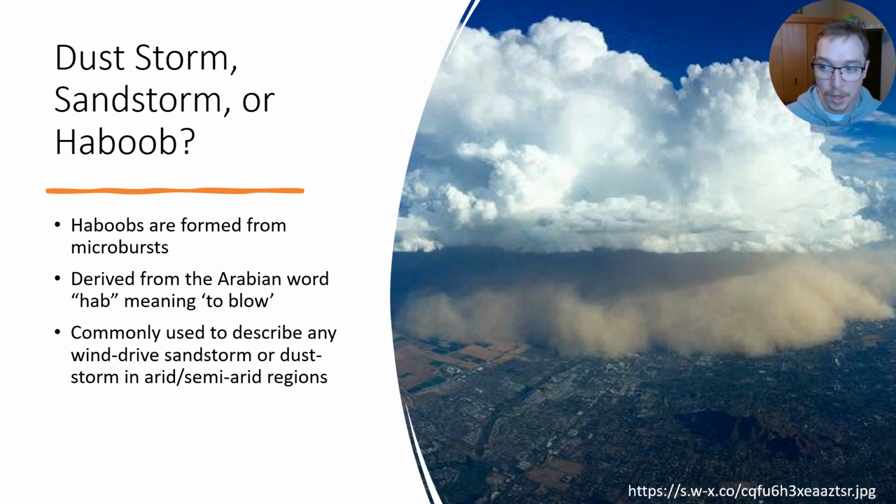Although the word originates from Arabic to describe the dust or sandstorms in northern Sudan, the term is now commonly used to describe any wind-driven sandstorms or dust storms in arid to semi-arid regions worldwide. Haboobs have been spotted worldwide, including in Central Australia, parts of America, from the northwest corner of Mexico to the edge of the Great Plains.